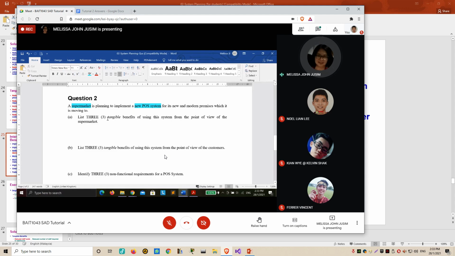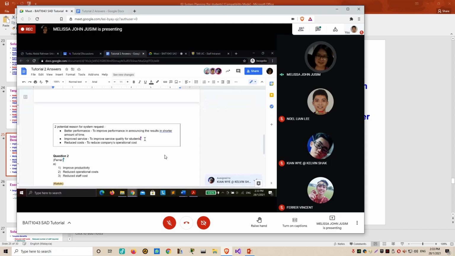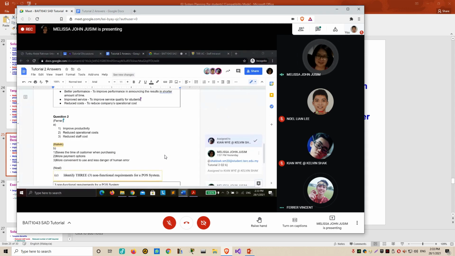Three tangible benefits. This time it is mentioned clearly. You need to mention 3 tangible benefits of using this system from the point of view of the supermarket, means from the firm itself. Okay, let me see. This one goes to Farah. Can you explain? It's too simple there.